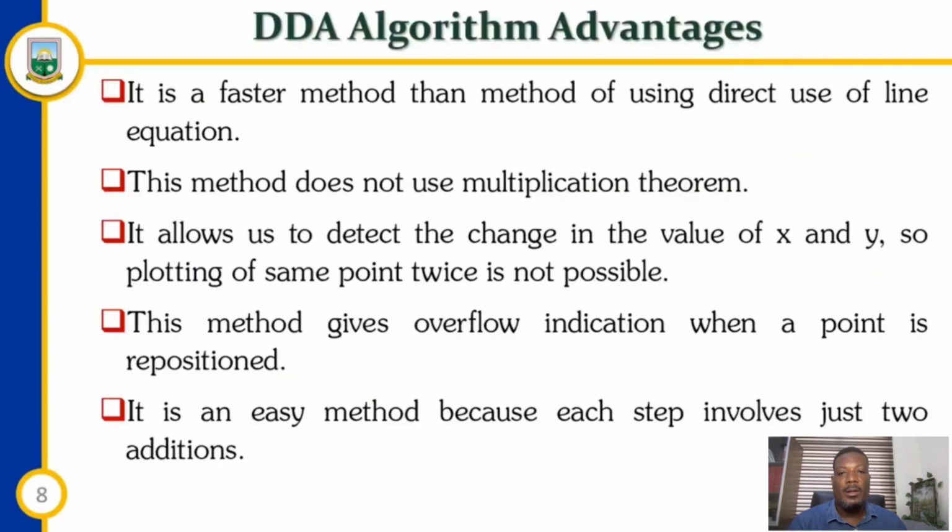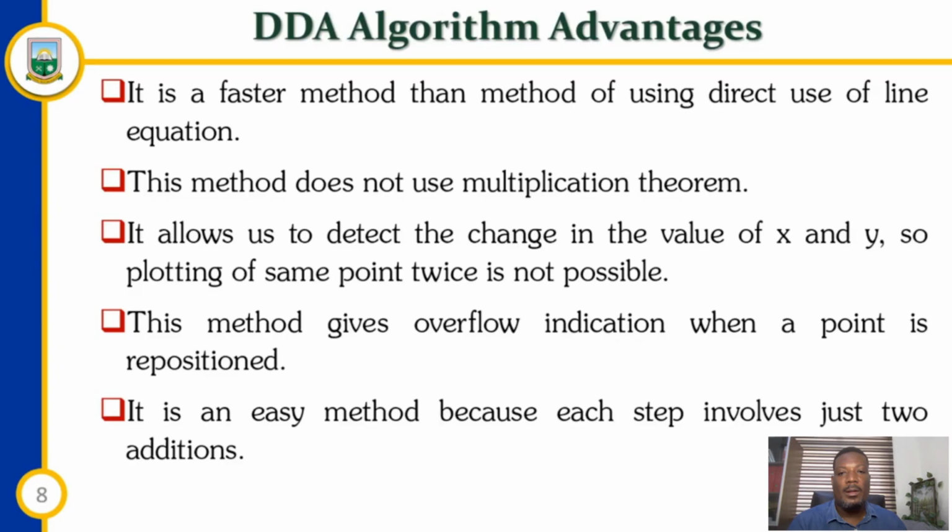Now the DDA algorithm has 5 main advantages. The first one is that it is a faster method compared to the direct use of the line equation. With this comparison, we can see that the DDA algorithm is quite better in terms of speed when you compare with the direct use of the line equation.